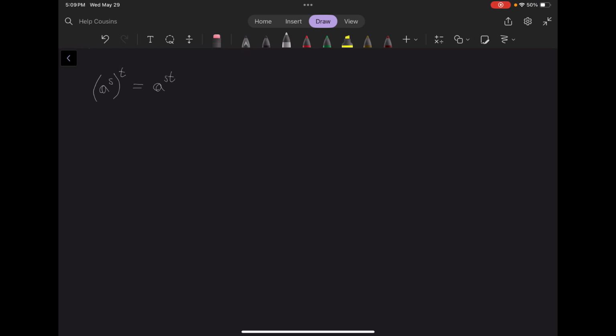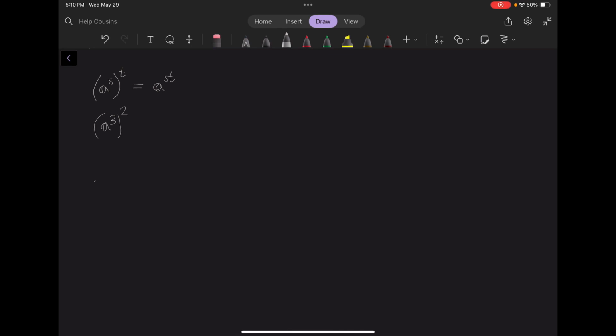The way that this one works is, say we have a to the 3 to the power of 2.